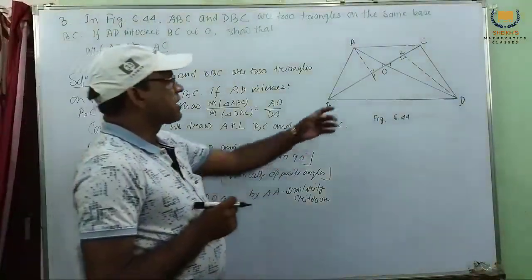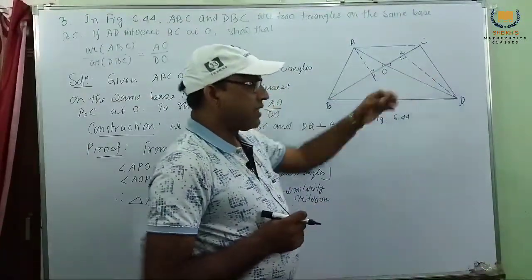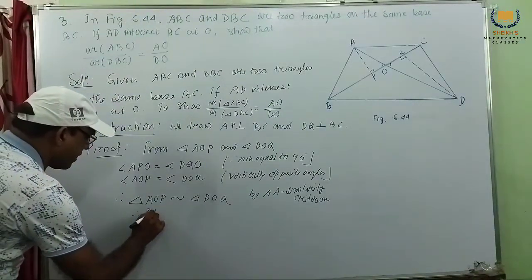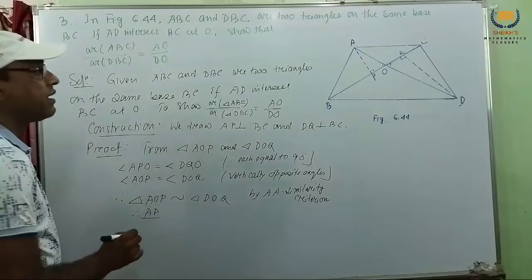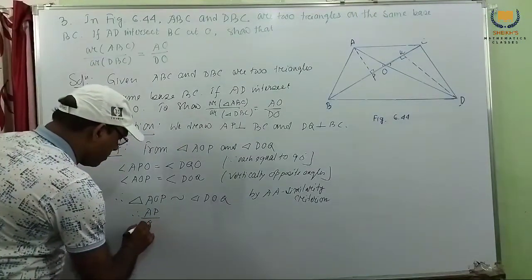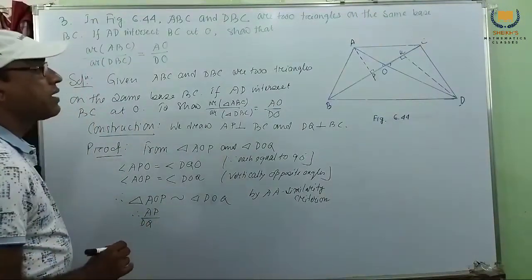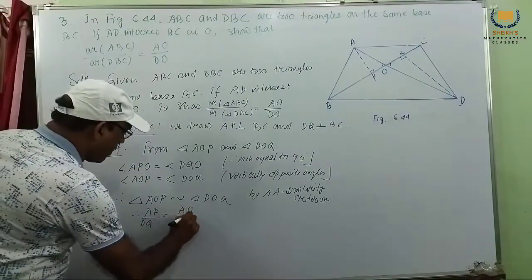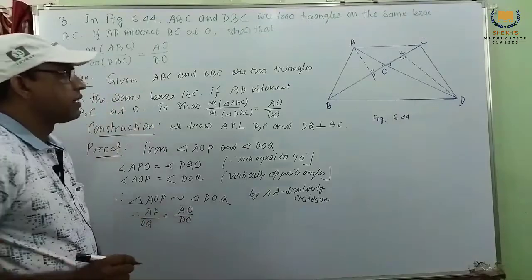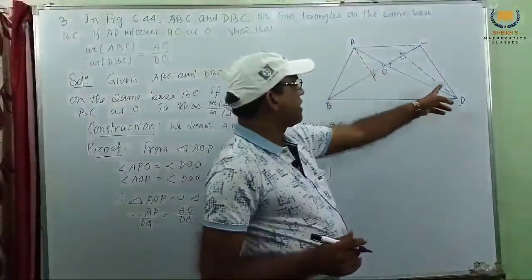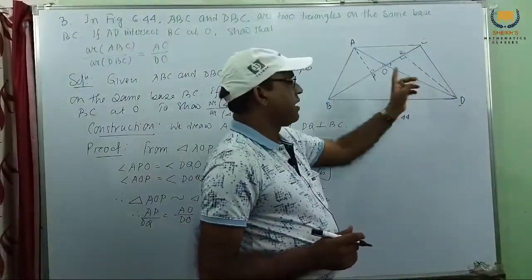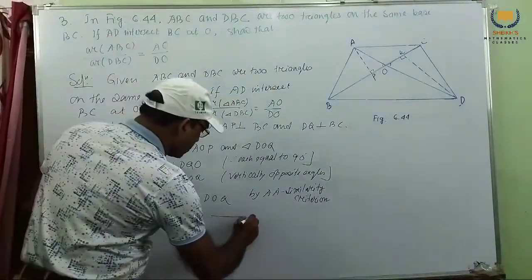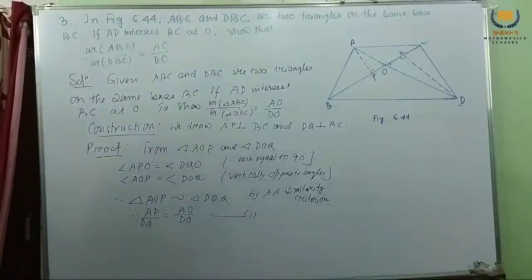If these two triangles are similar, then we can write AP by DQ equal to AO by DO. This is number 1. Why are these two equal?